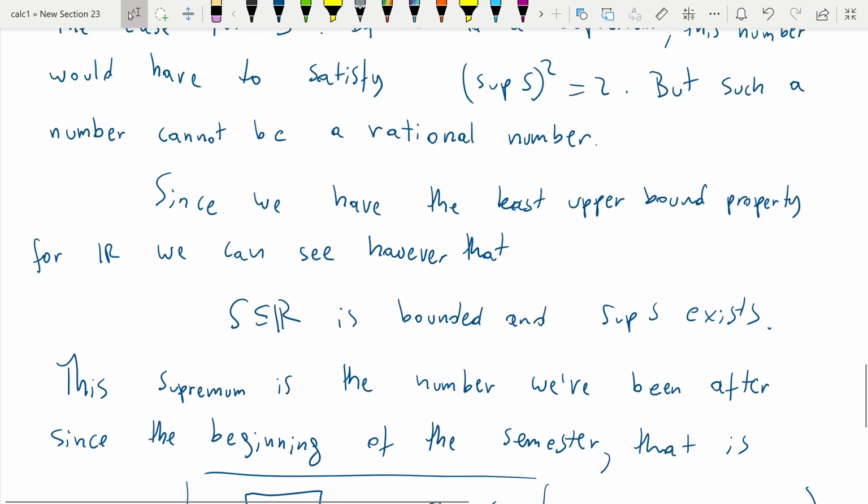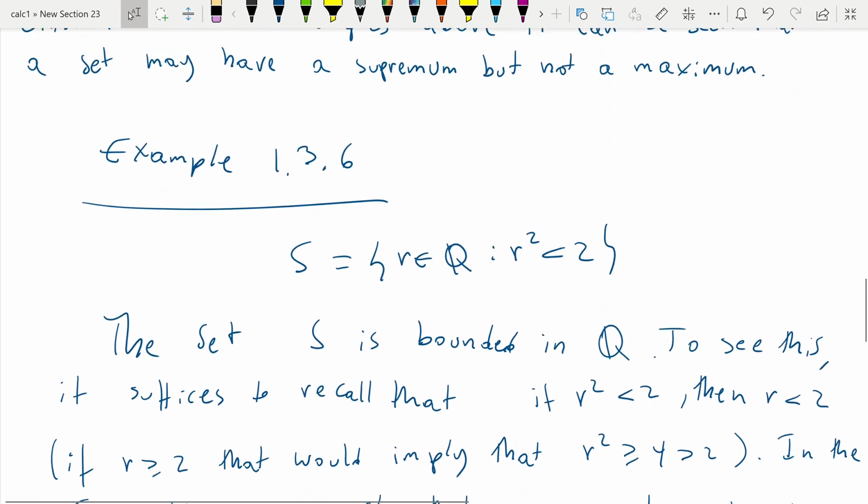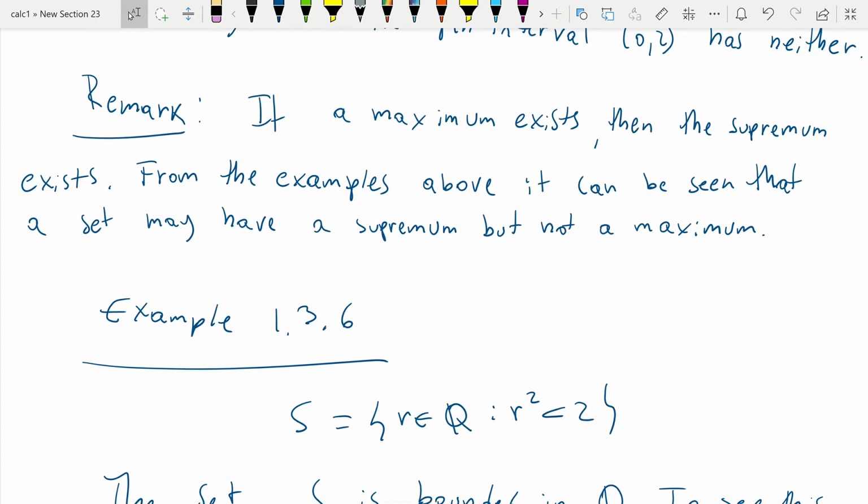Okay, and so if you have a positive number that is an upper bound, then its square must be greater than or equal to 2. Assuming that it's greater than 2, then the same kind of manipulations that we did before, if we subtract this really small number, its square would still be greater than 2.